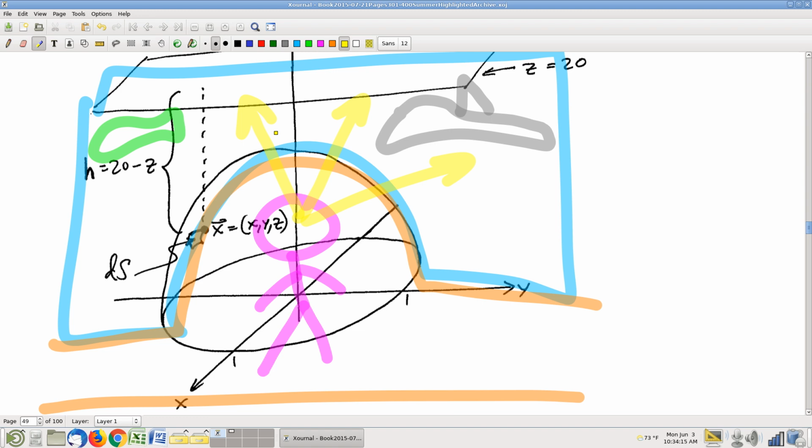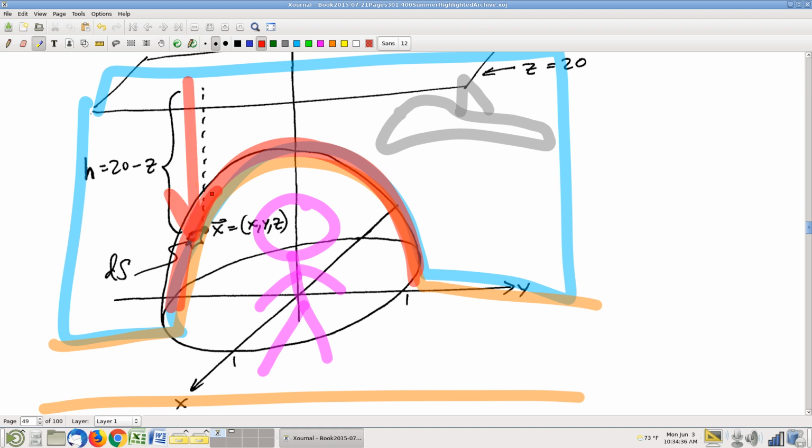But the question that this question addresses is, okay, well, there's going to be tremendous amounts of forces on this dome, right? And how can you compute the total amount of force that's on that dome? Well, it's what we call a hydrostatic pressure situation, and so depending on how deep you are, when you are deeper, there's more pressure, and pressure times area gives you force.